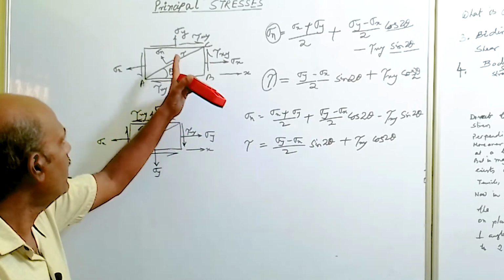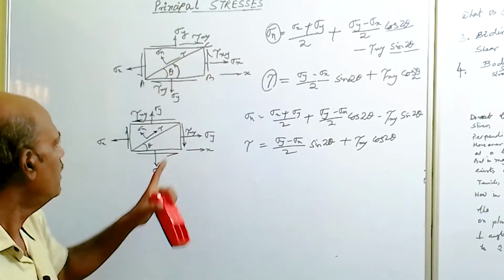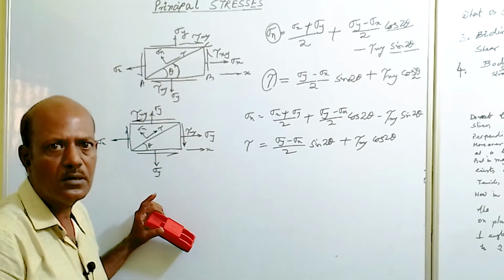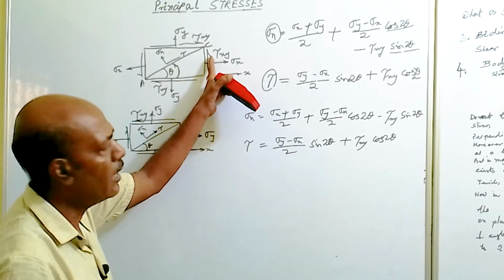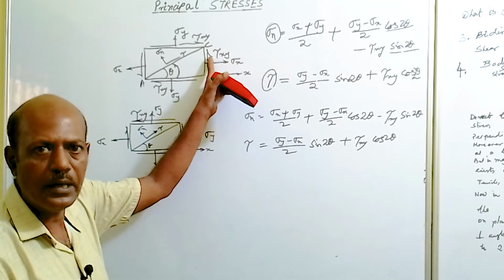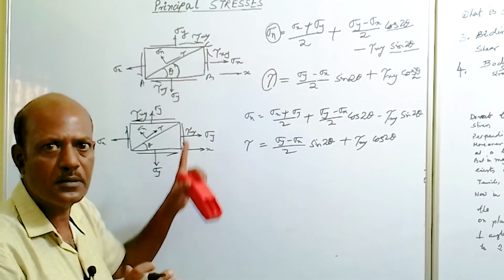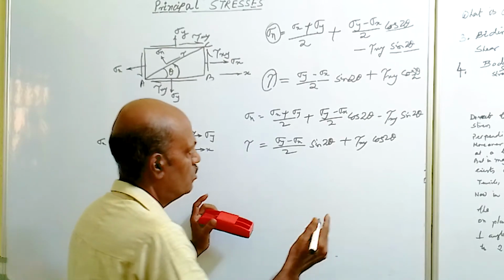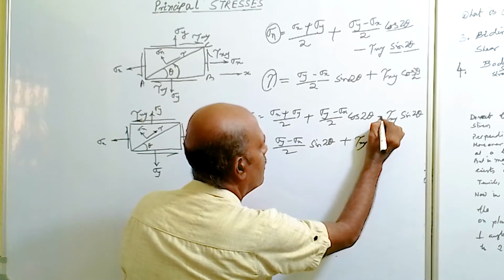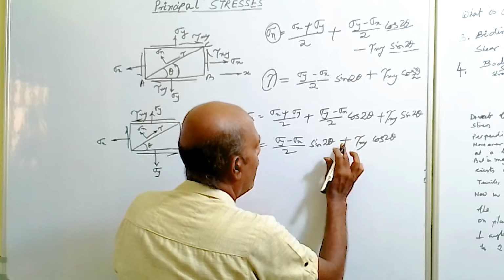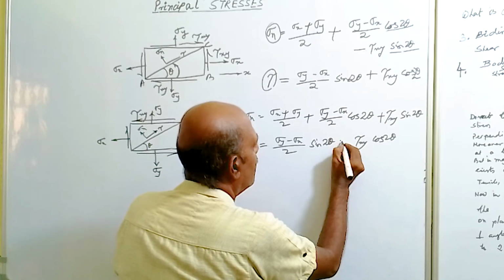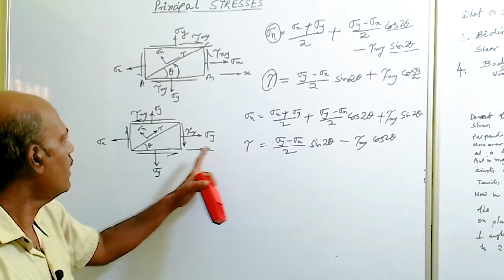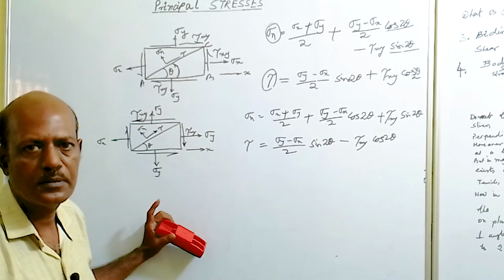Now here you can see on x plane tau is in clockwise sense, whereas in the figure tau is in anti-clockwise sense. So that means we have to put the value of tau as negative value. So if we put negative value, this will become plus and this will become minus. So this sigma n and tau will develop in this case.